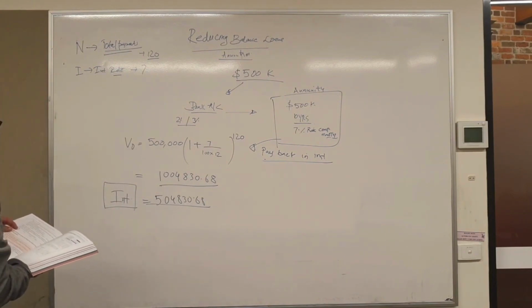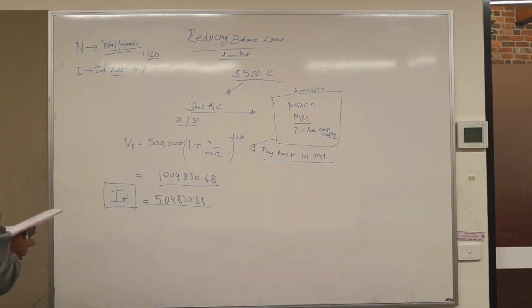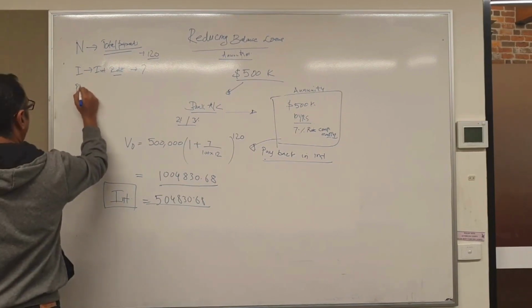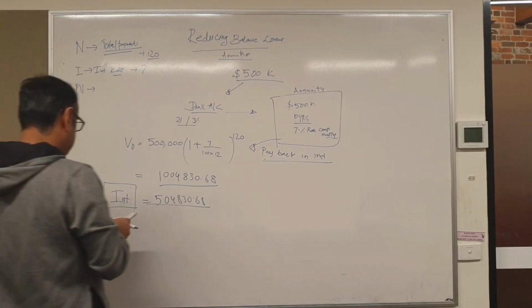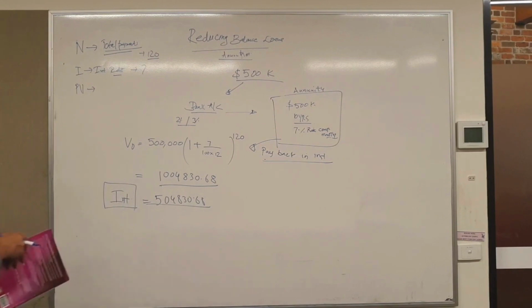Then is the PV, the present value. The present value means what is the value the loan or the investment is of.